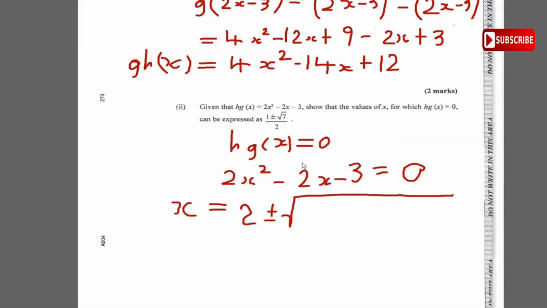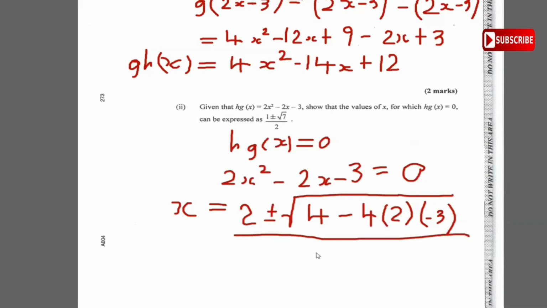In this case, b squared is minus 2 squared, which is 4, minus 4 times a, the coefficient of x squared, which is 2, times negative 3. And all of this is, of course, divided by 2 times a. 2 times a is 2 times 2, which is 4, so it's divided by 4.